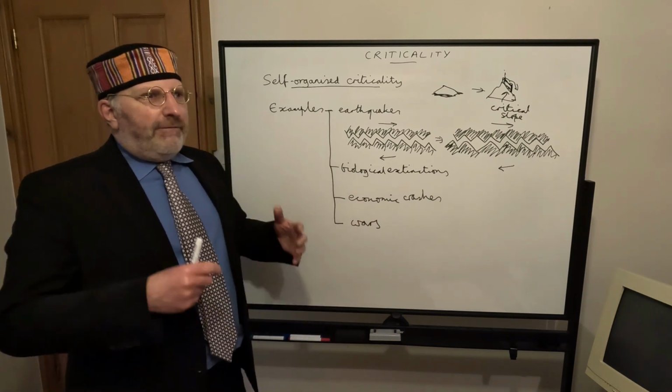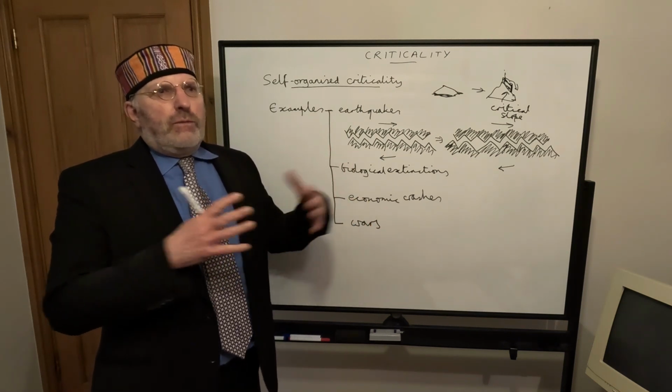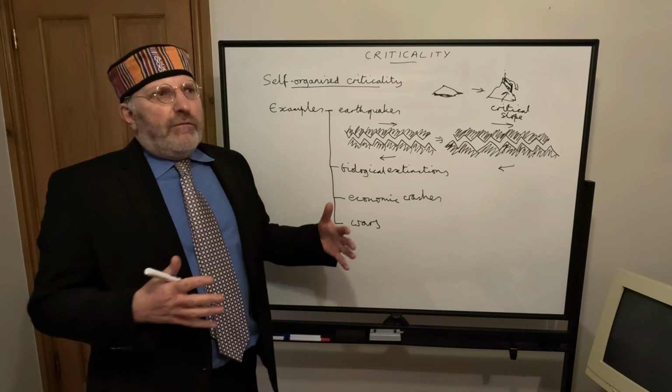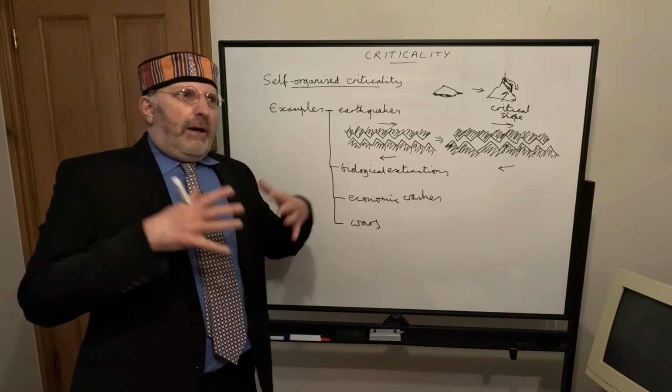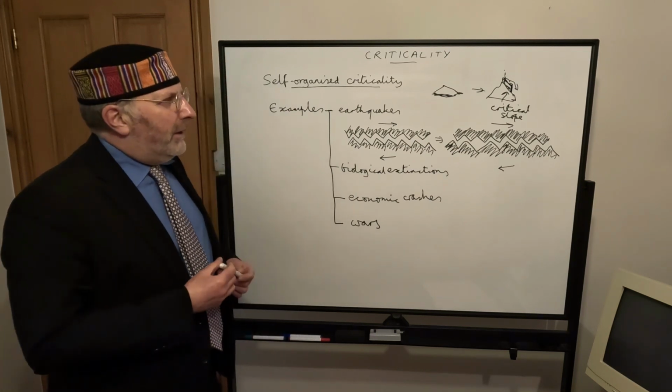So again, the forest tends naturally to evolve towards a situation where forest fires can occur. If you prevent it, then it just makes it increasingly likely that a fire will occur.